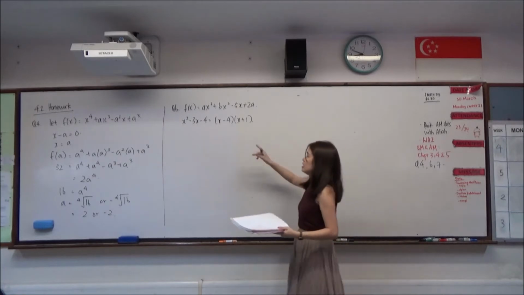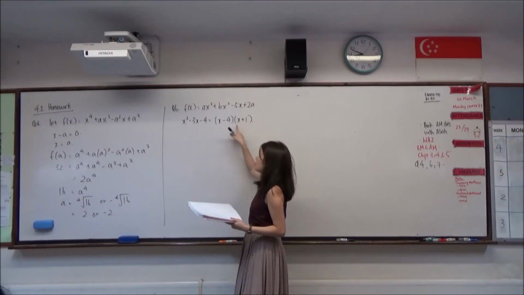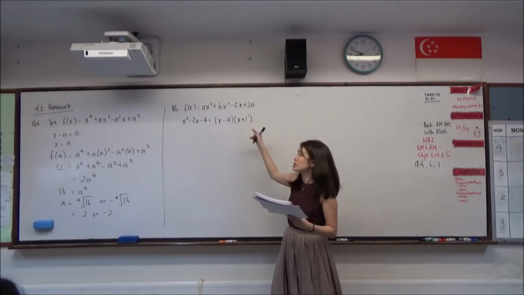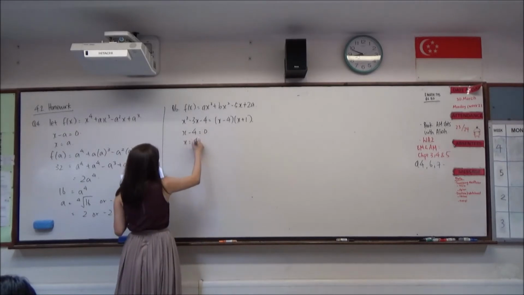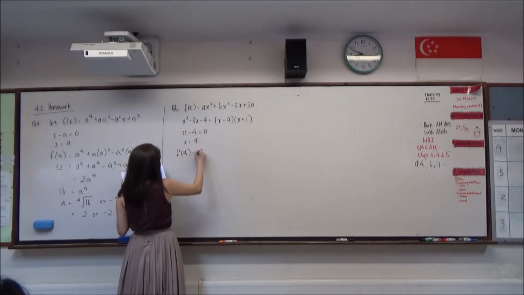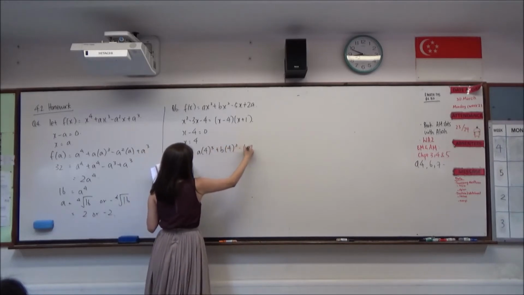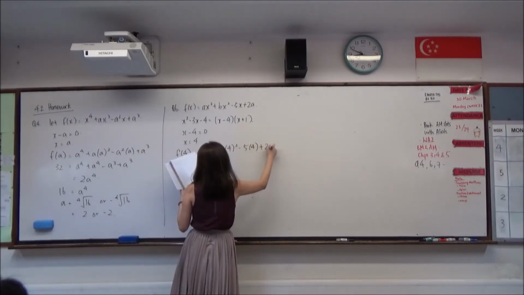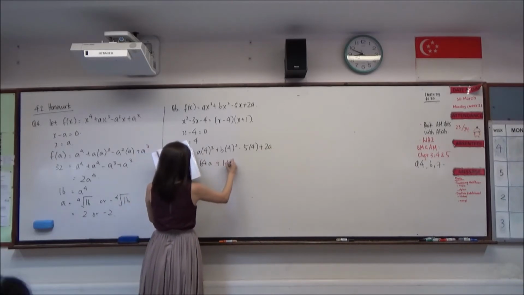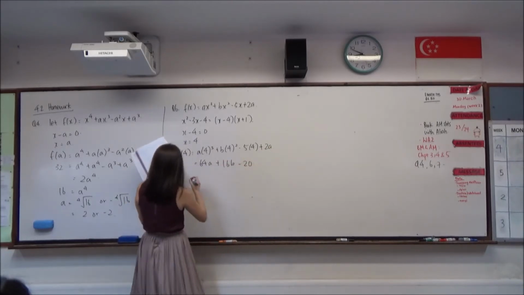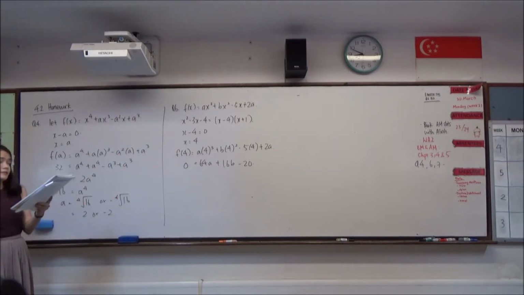If this can be divided by this, it can directly be divided by each of the parts as well. So we will choose x to be equal to 4. And the remainder will be 0 because it is a factor itself.